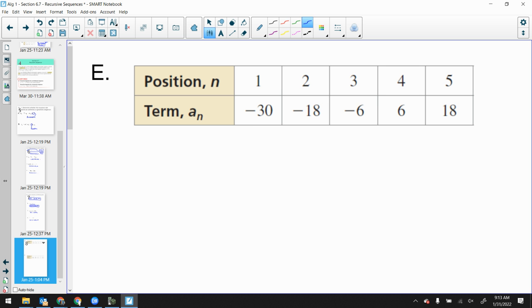What am I adding? Plus 12. Good. Thank you, Noah. So a sub 1 is negative 30. A sub n is a sub n minus 1 plus 12.